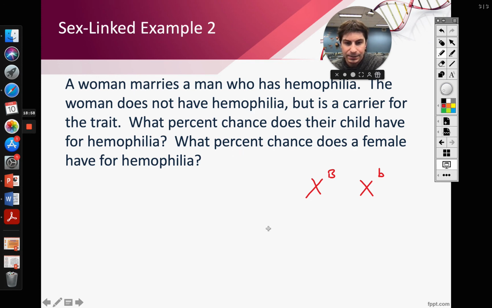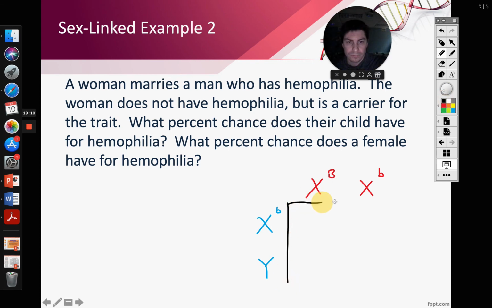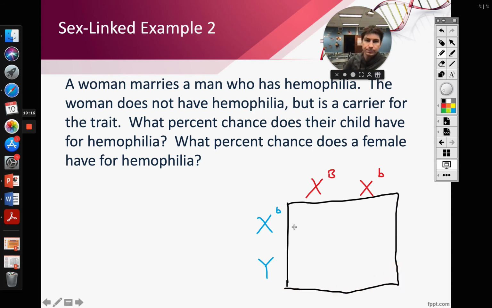He has hemophilia. So he is X little b, Y. What percent chance does a child have for having hemophilia? All right, I'm not going to color code all this, guys.